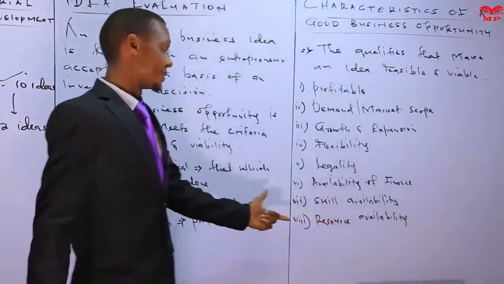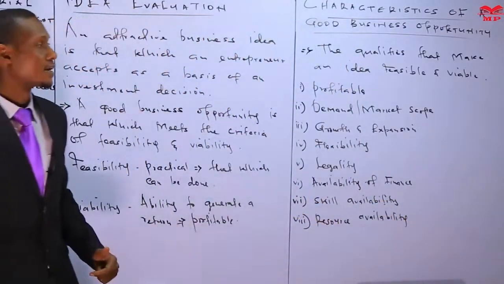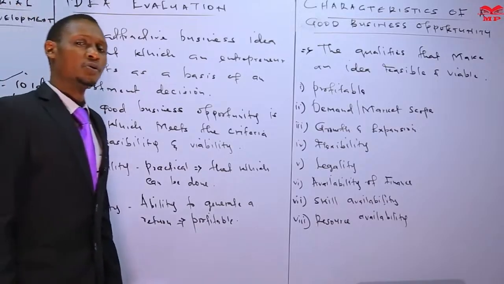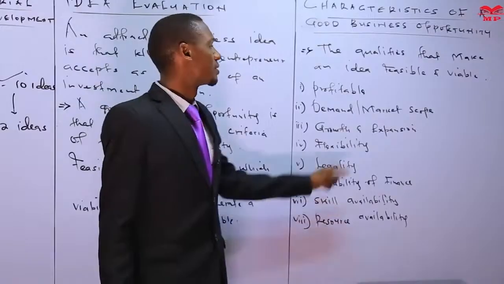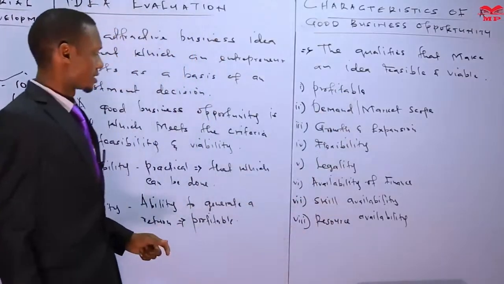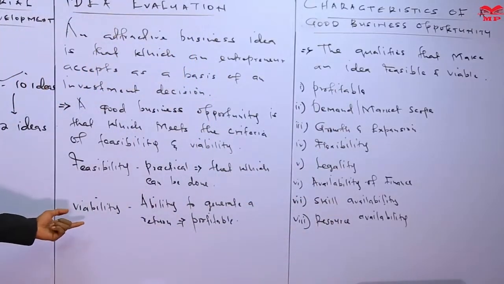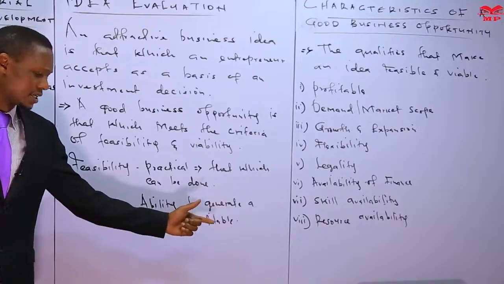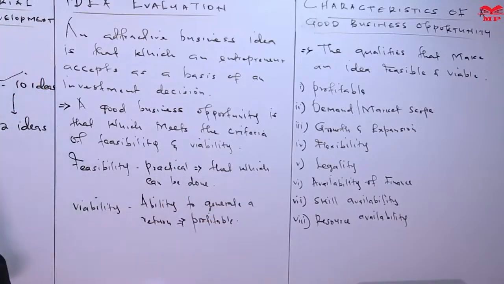These are the qualities that will make a business idea qualify as a good business opportunity. What are they about? We are saying an important criteria for a business idea to qualify as a business opportunity is viability, which we are defining as the ability to generate a good return.